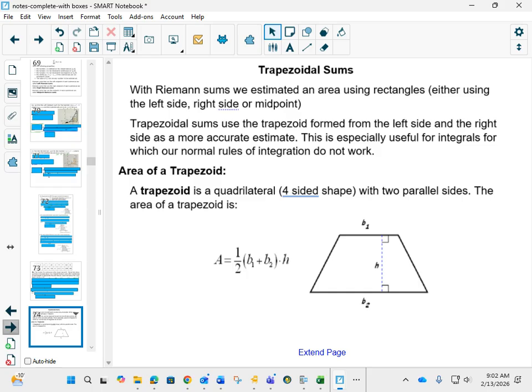So I'm going to get a little off topic here and just talk about how the trapezoid formula works. Okay? Trapezoid formula here is 1/2 base 1 plus base 2 times height. The idea of this is that here's base 1. If I added that to base 2, that's obviously too much.